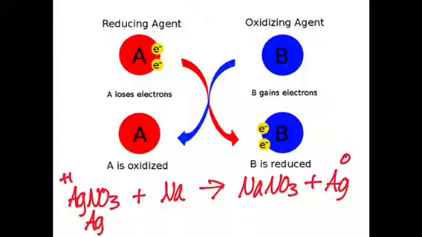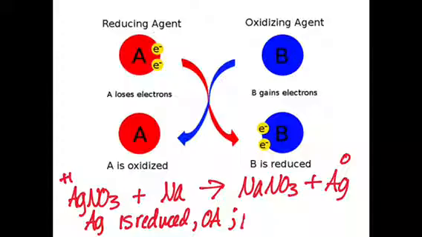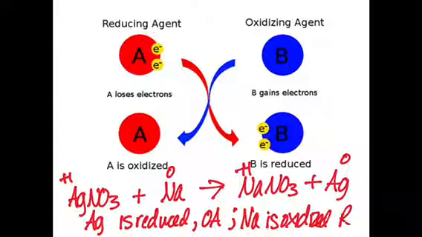So it gained an electron, so I would say Ag is reduced, and it's the oxidizing agent. We'll just go ahead and do that. And then conversely, sodium, remember, went from a 0 to a +1, so sodium is oxidized, which makes it the reducing agent because it causes silver to be reduced.